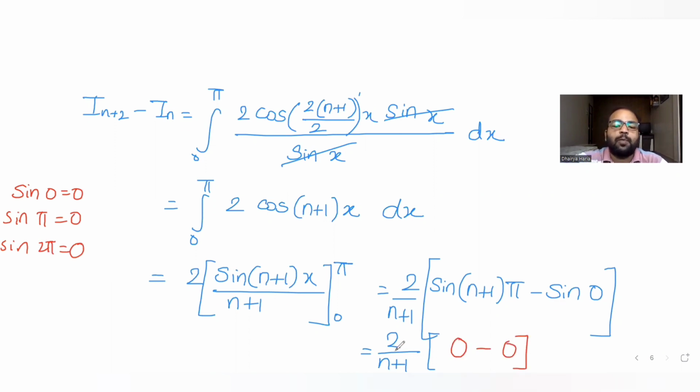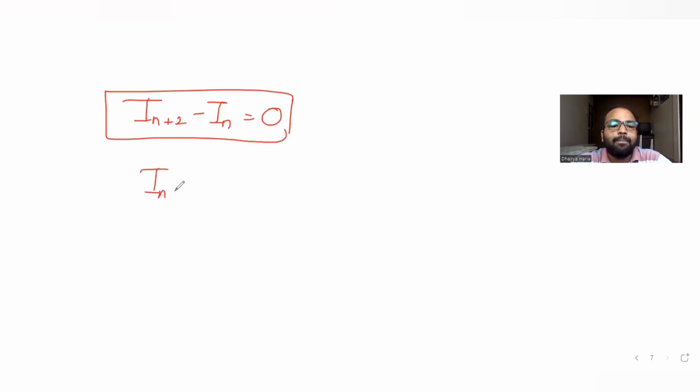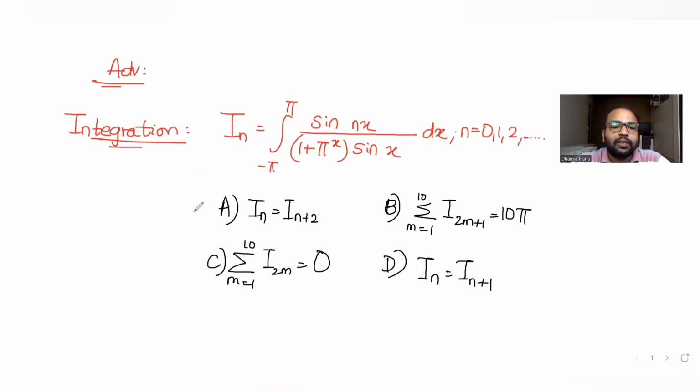Sin 0 is 0, sin pi is 0, sin 2 pi is 0. So it is 0 minus 0, multiplied with 2 upon n plus 1. From this expression we get that the difference of I_(n+2) and I_n is equal to 0. And this gives me the idea that I_(n+2) is equal to I_n. So I understand that the first option which was given to me is a correct option.